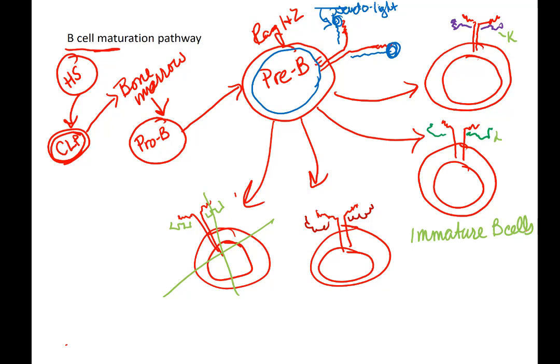Okay, now this is where, again, a little bit of added complexity, but if you think about this, it makes sense. This first one, the first kappa chain, was successfully rearranged and sent a signal. Okay, but the problem is it binds to self too strongly.